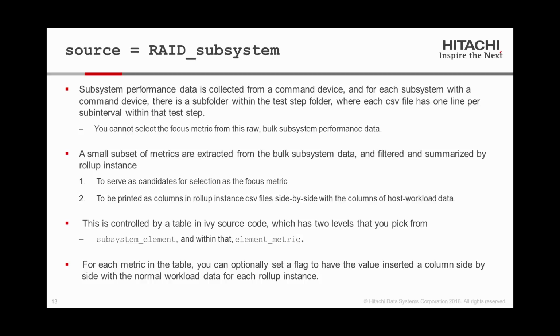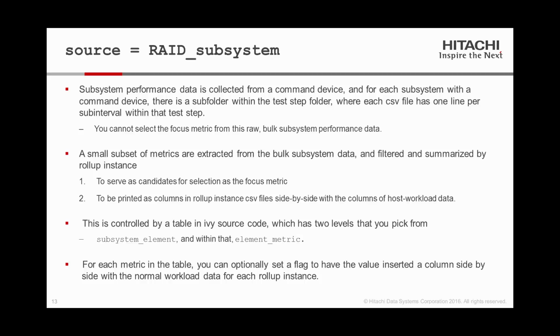So then there's a small subset of the metrics which are extracted from the bulk subsystem data, and then they're filtered by roll-up instance, and then summarized by roll-up instance.